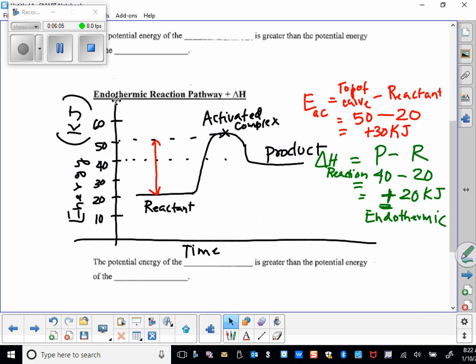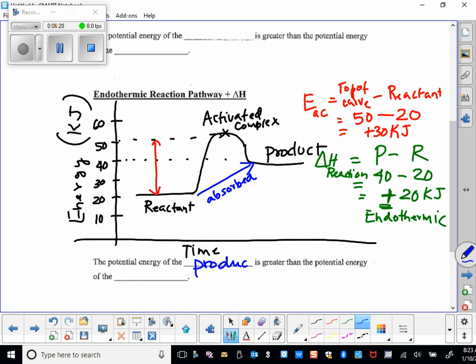Or in other words, to conclude that the reaction is endothermic because the product has absorbed energy. Yes or no? The reactant has absorbed the energy in order to become the product. The potential energy of the product is greater than the potential energy of the reactant.